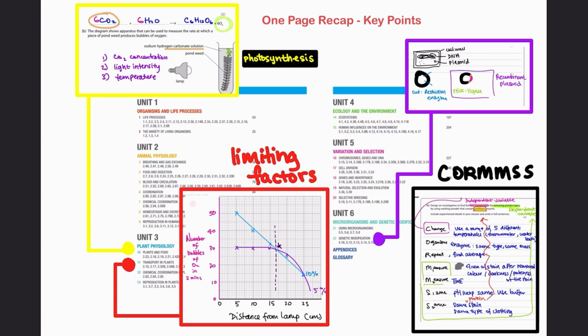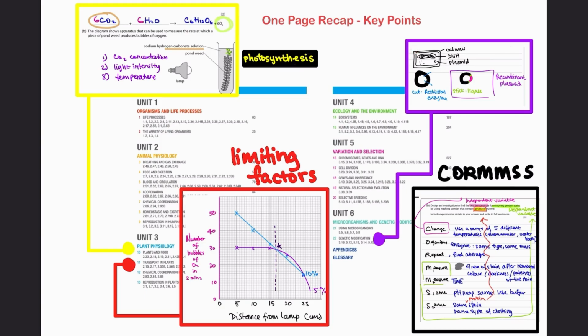Now, red box, whenever you look at a graph and something is expected to be higher, but it's not, for example, this purple zone, why is it flat when you would expect it to be higher, such as the blue one? Then you think of the possibility of a limiting factor. In this case, the limiting factor for the purple bit, the flat line bit, is the concentration of CO2.